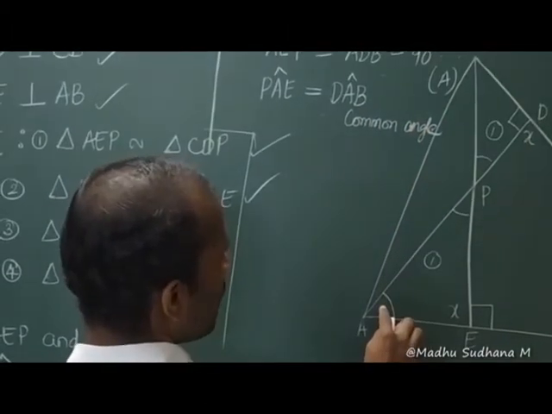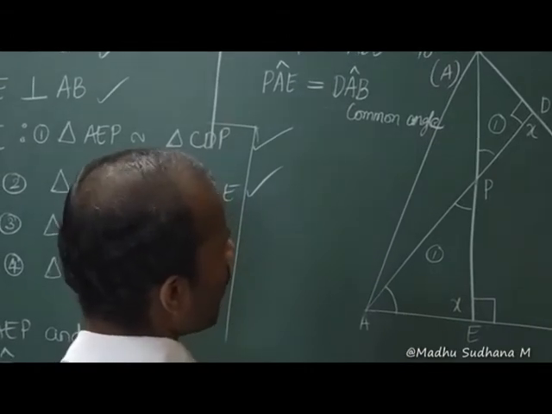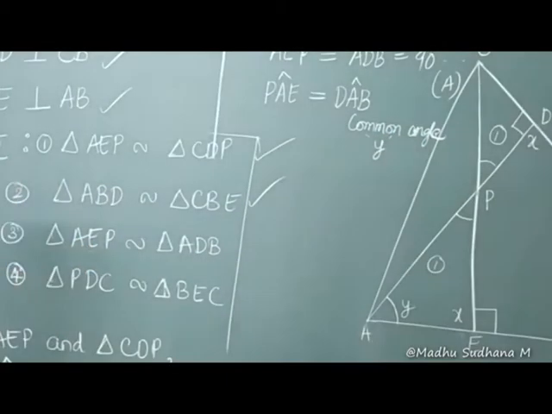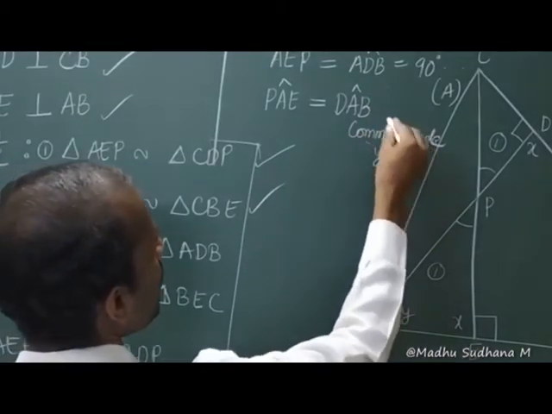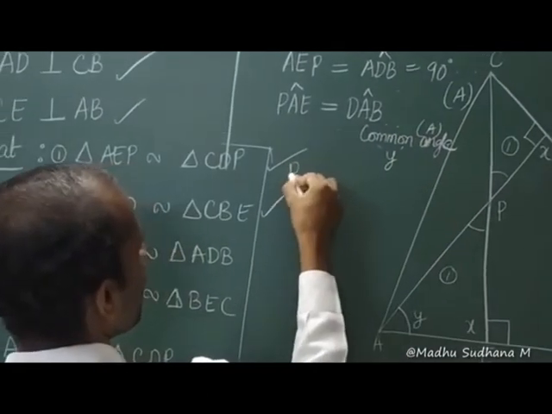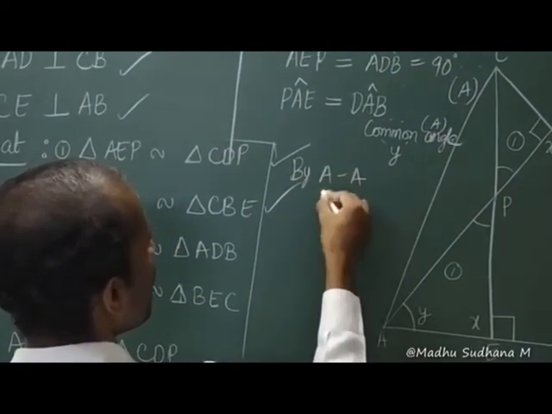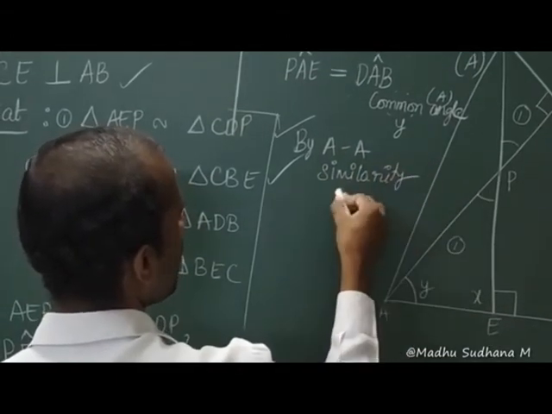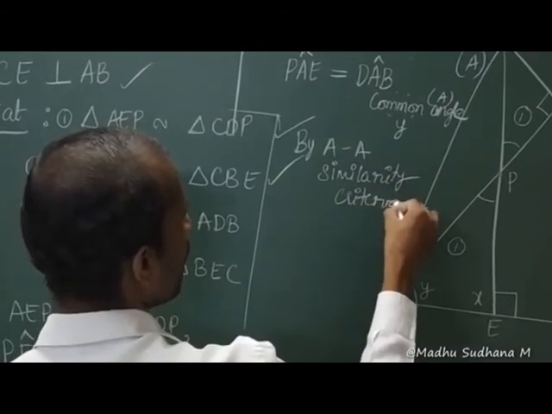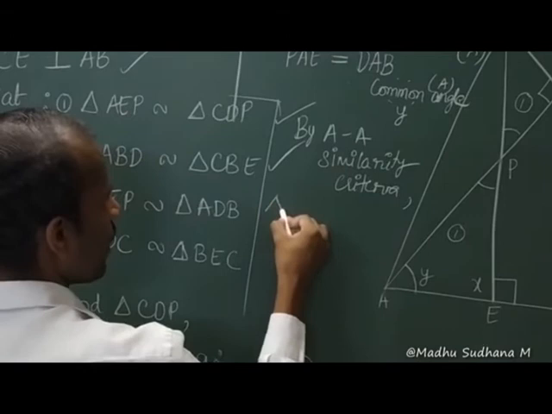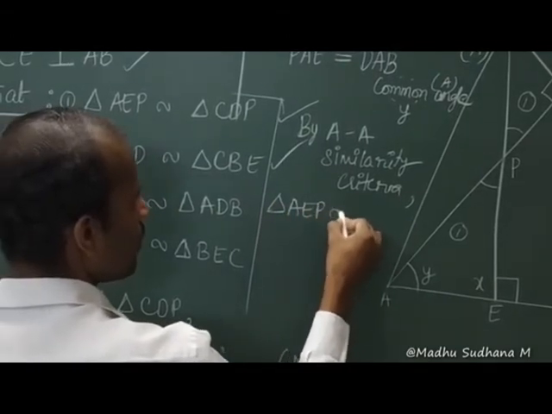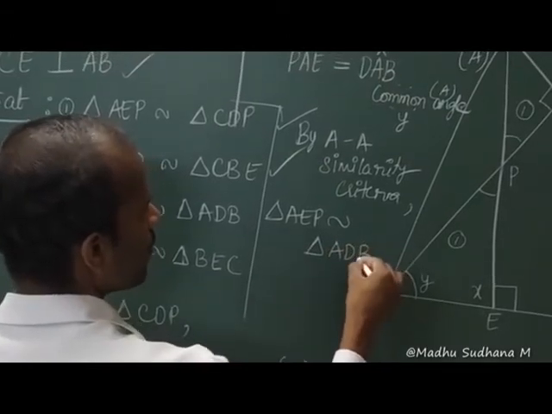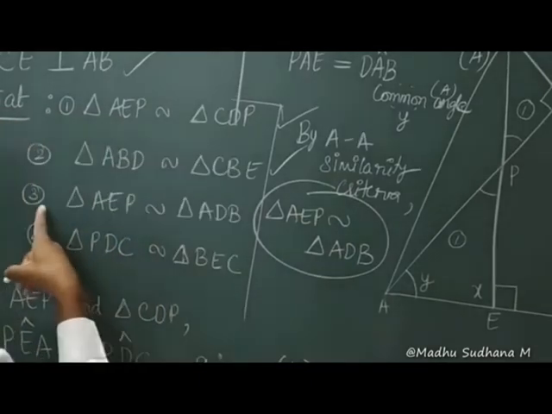Let me call this Y here, common angle Y. So this is also one angle here. So I can write by AA similarity criteria, I can say that these two triangles, triangle AEP is similar to triangle ADB. So this is the proof of this third part.